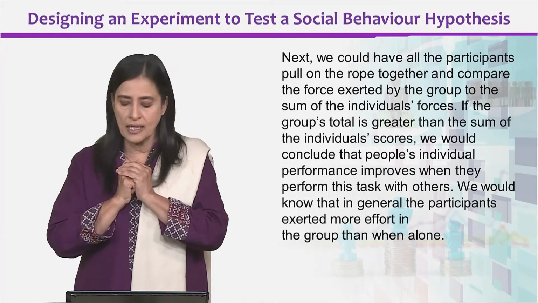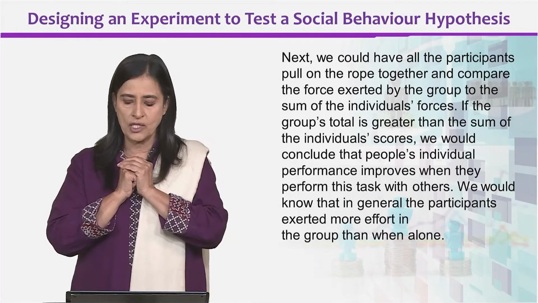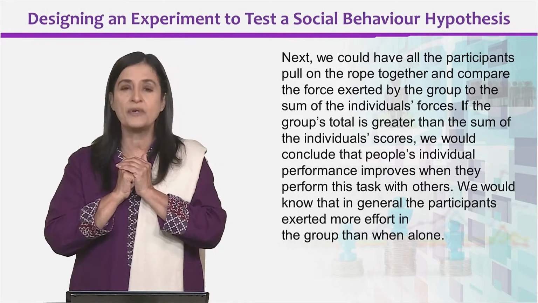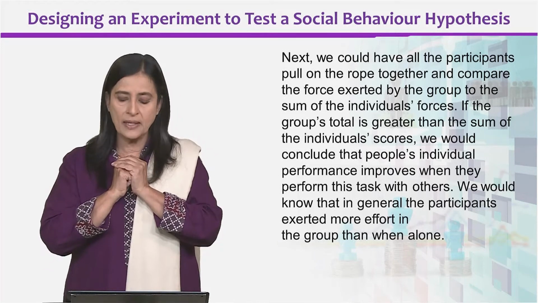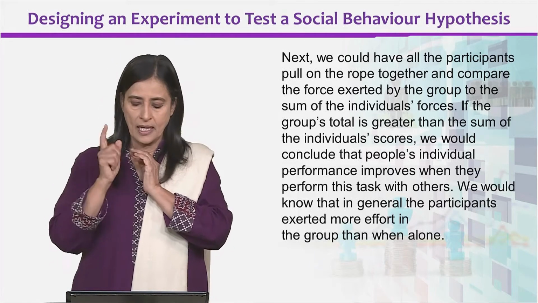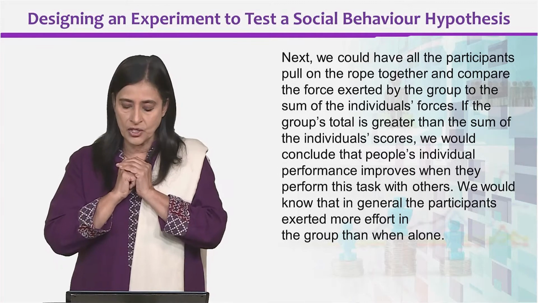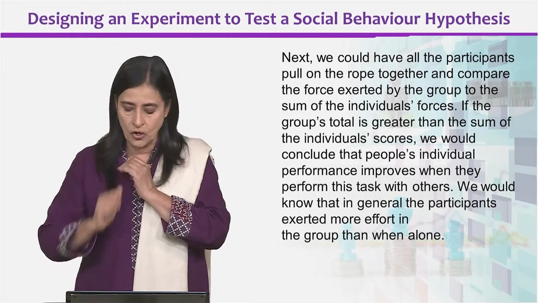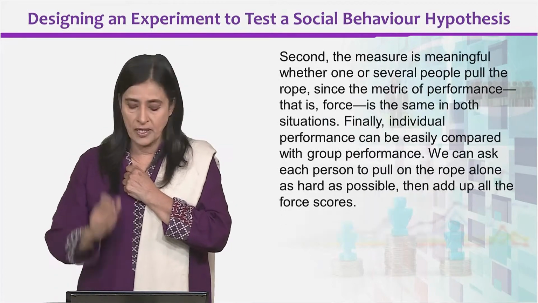If the group's total is greater than the sum of the individual scores, we would conclude that people's individual performance improves when they perform this task with others. We would know that in general the participants exerted more effort in the group than when they were alone.